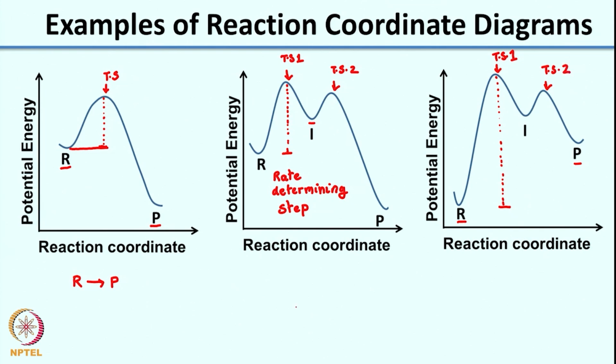So these reactions can be represented as R going to I, going to P, and in this case this would be the rate determining step. Similarly, you have in this case R going to I, going to P, and the first step would be your rate determining step.